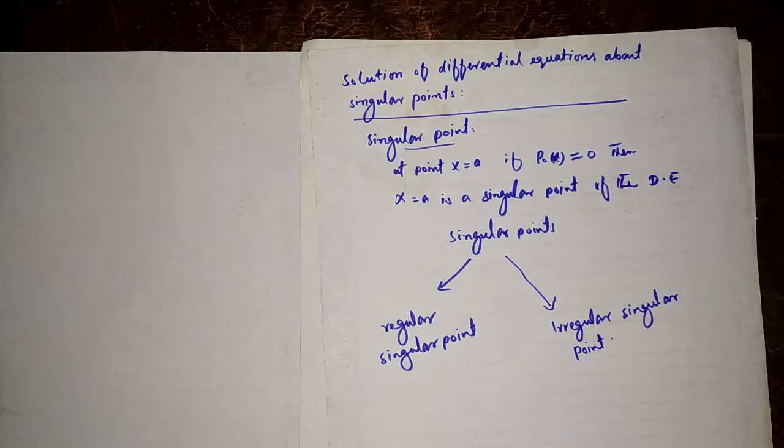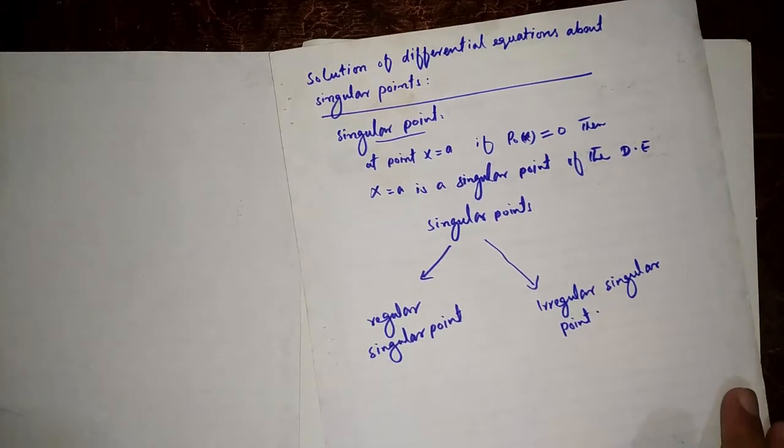So now we are going to know what a regular singular point and an irregular singular point are. So first consider the equation.